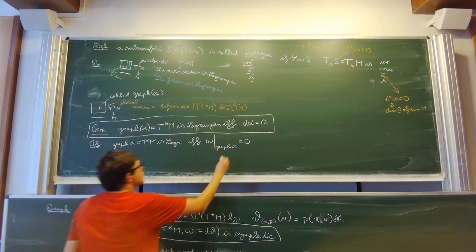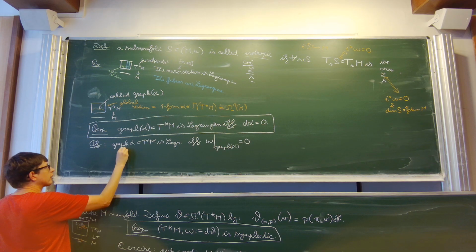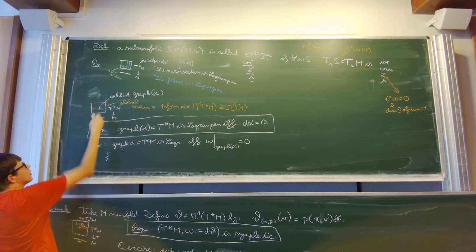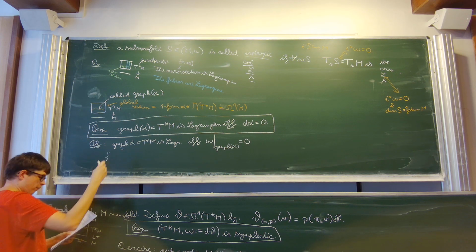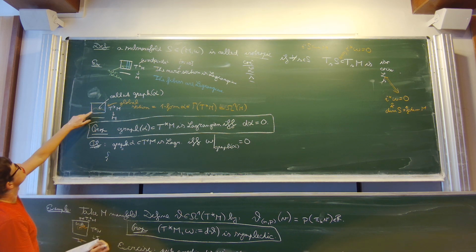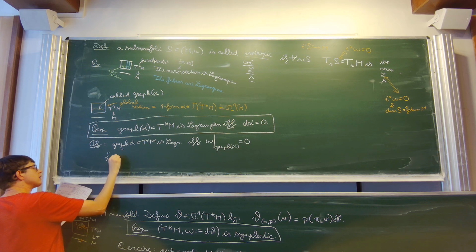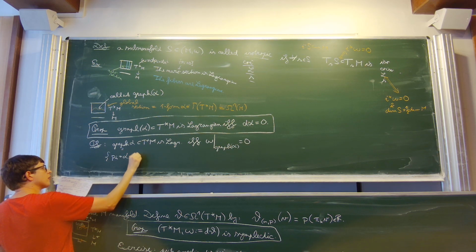Now, probably it's good to have some more concrete description of what this graph actually looks like. So the graph of alpha is simply the set of all points, let me write it instead of saying it, singled out by the condition that all the p's take the value alpha_i of x.